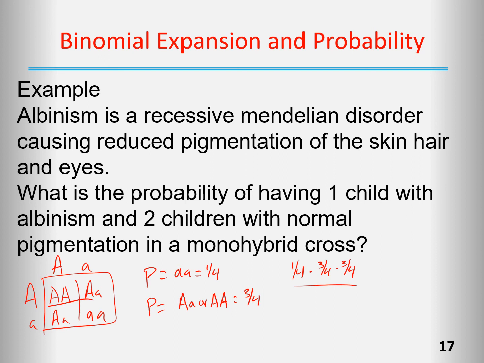The problem is if we present the problem in this way, we have laid out the order of the children so that the oldest has albinism, the second does not have albinism, and the third does not.